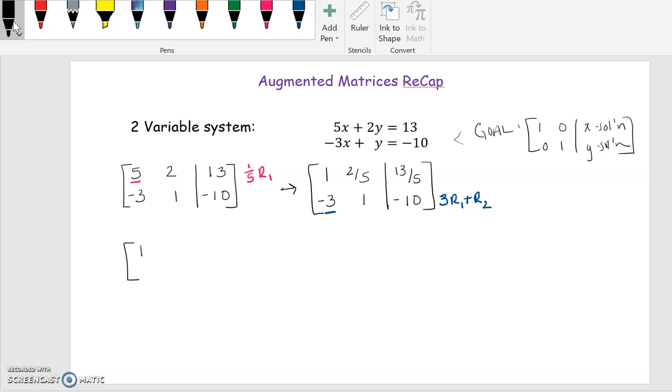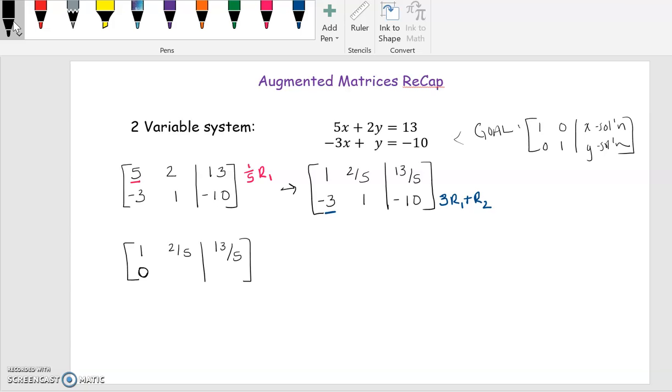So I did not manipulate or change anything in row 1, so I'm going to leave all of those values alone. But in row 2 now, I have made changes all the way throughout. So if I multiply row 1, top left corner, which is 1, by 3, that's 3. Add that to -3, I'm going to get a 0 in that position, which is what I want. The next one is I'm going to have 2/5 times 3, which is 6/5.